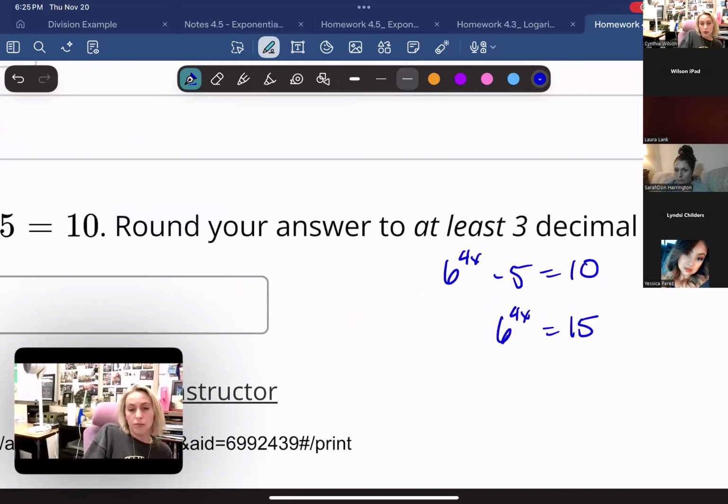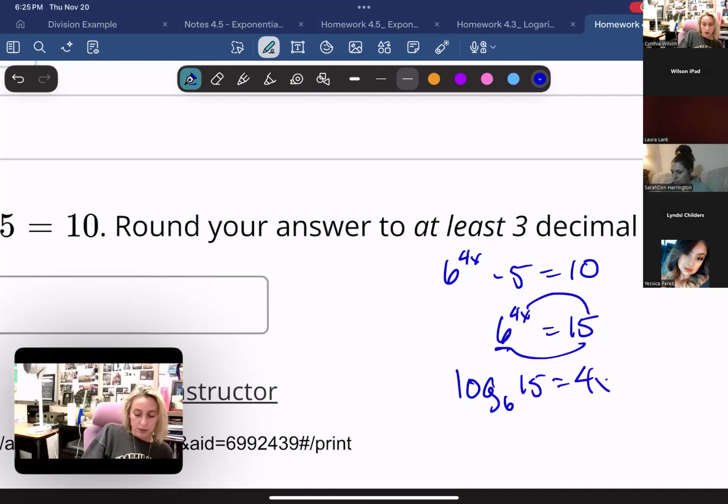Now, with the awesomeness that is calculators, you're going to want to rewrite this as a logarithm. So the base of your exponent, that's 6, is the base of your logarithm. Its argument is the 15, and it equals your exponent.